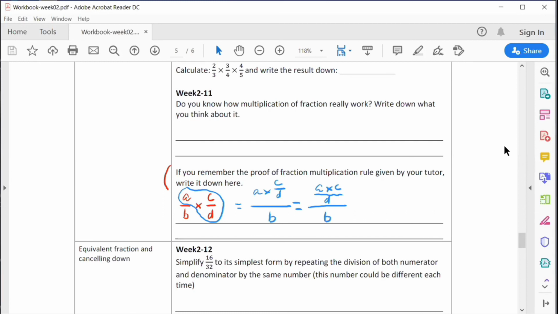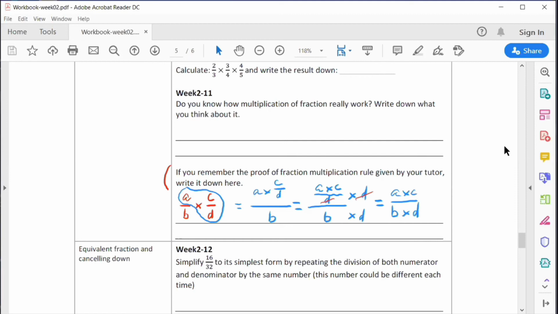The next step is you want to destroy the D. So you times that with D and you times the bottom with D as well. That helps you to destroy the D. So cancel down, cross, cross. You cancel that one down, so you end up with A times C over B times D. That's it.